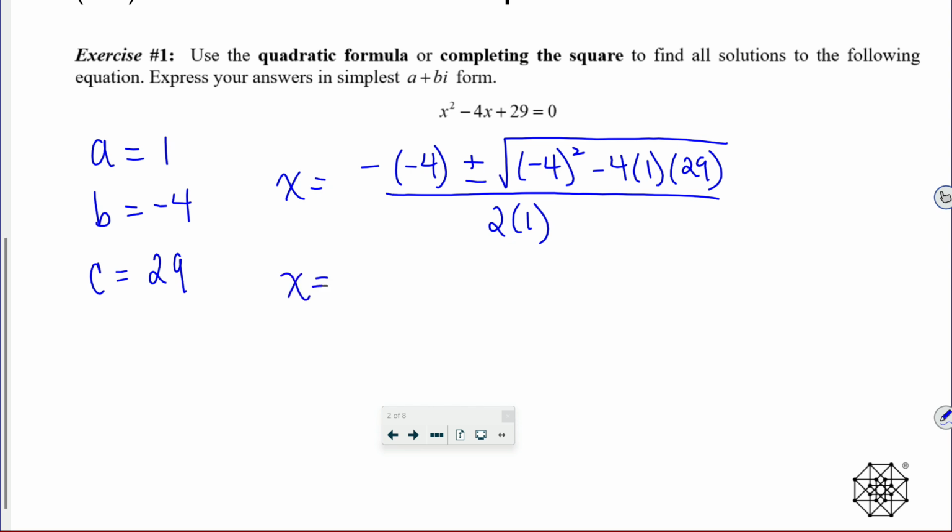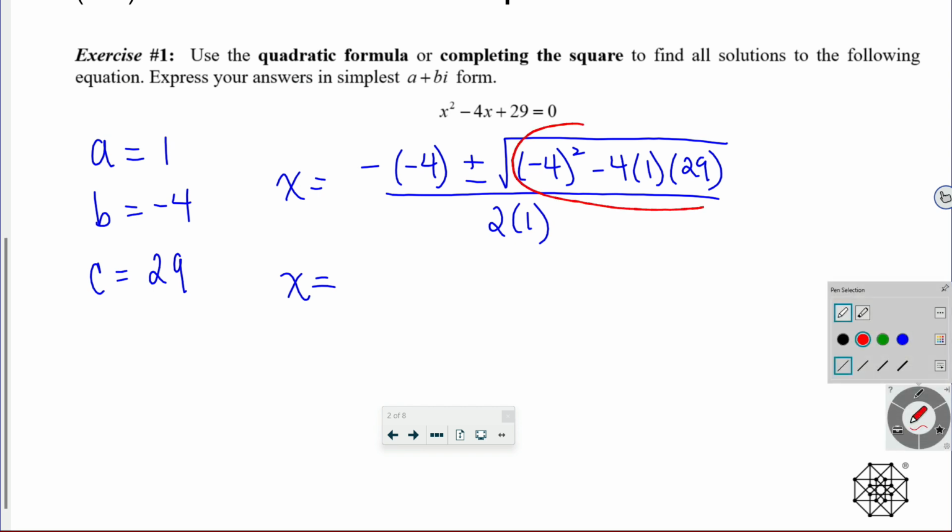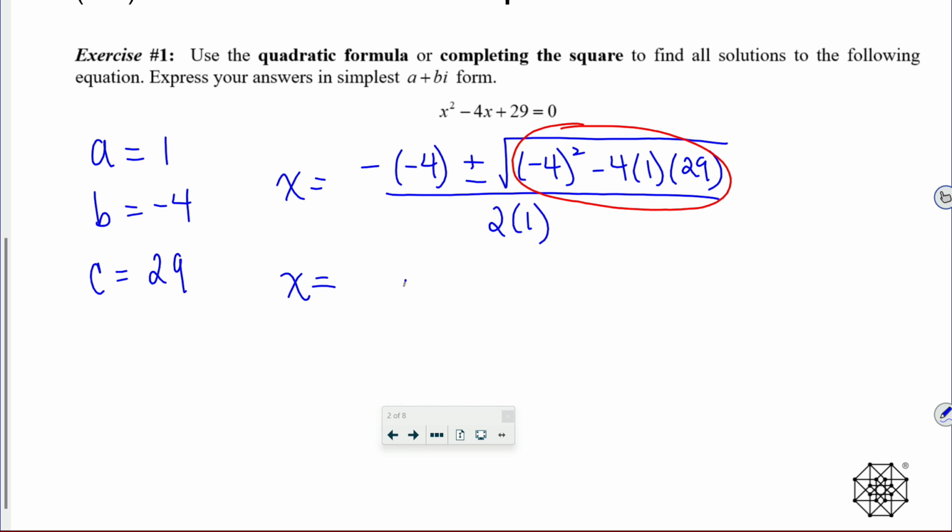Now, as usual, the most important thing here is making sure that you get that discriminant value correct. So if you need to, you take your calculator out and use it to figure out what that value is. For me, I've already figured out that value and it happens to be negative 100.